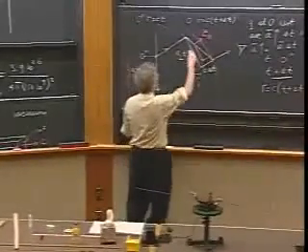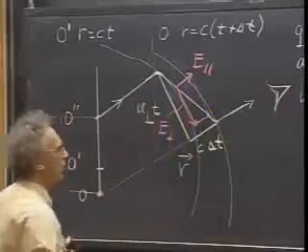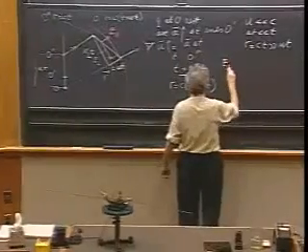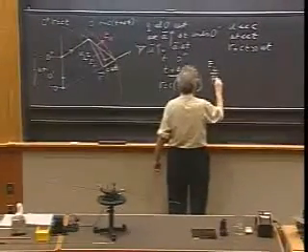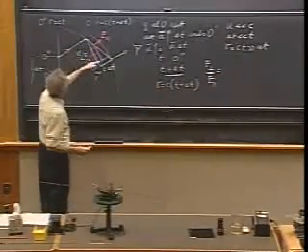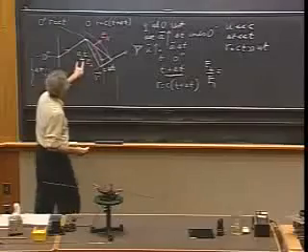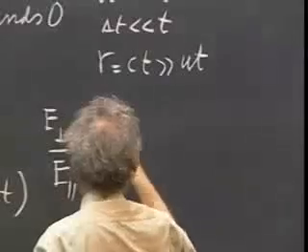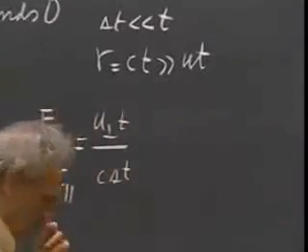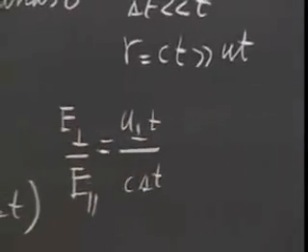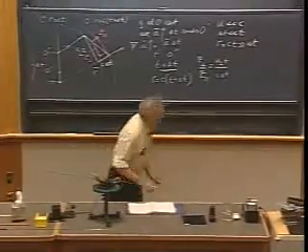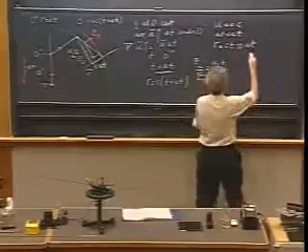Well, if you look at the fact that this triangle is congruent with this one, then you see that E perpendicular divided by E parallel must be U perpendicular T divided by C delta T. But U perpendicular T, we know that U is AT.